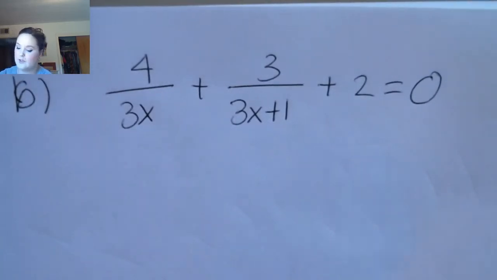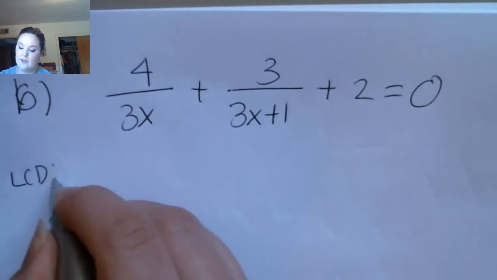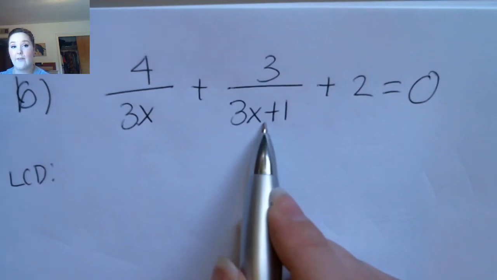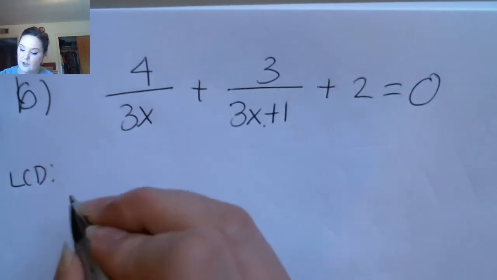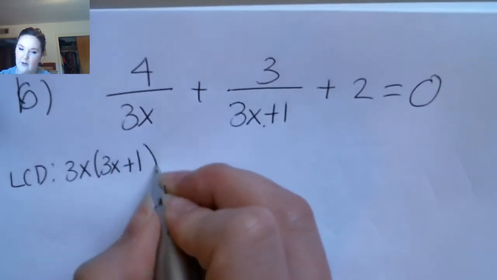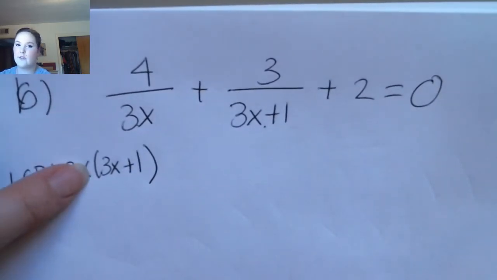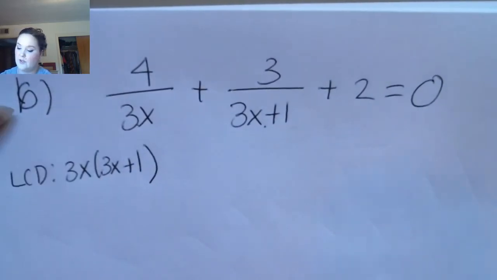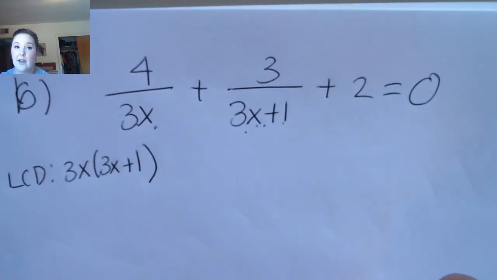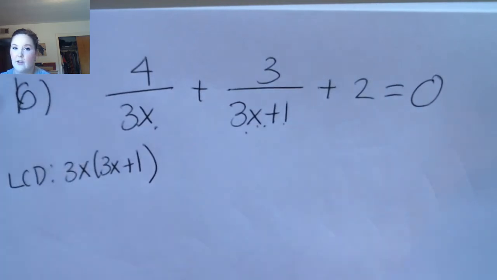And what's important about this example is even though these denominators look similar, they don't have any common factors. So when you find the LCD, you really have to multiply them together. So the LCD is 3x times 3x plus 1. So just because these look similar, don't let that fool you. They don't have any common factors. You have to multiply them together.